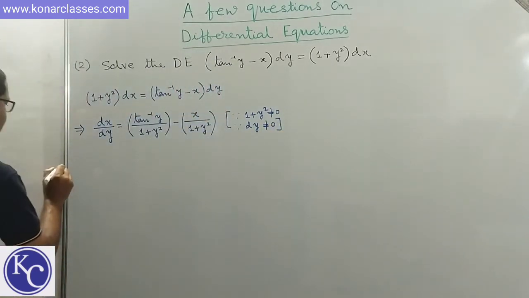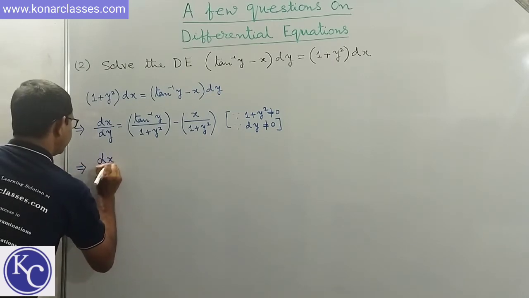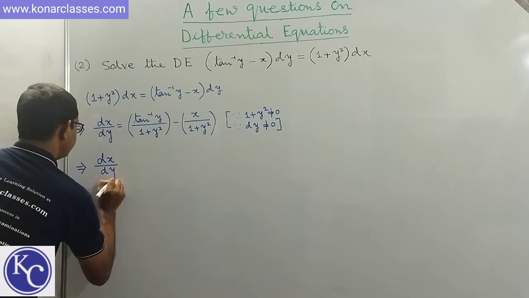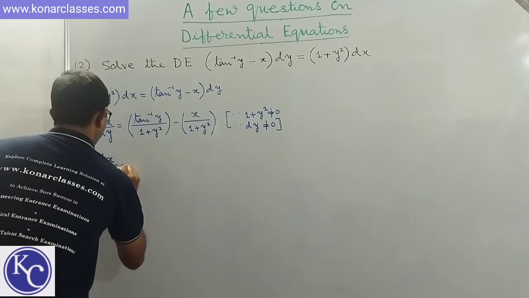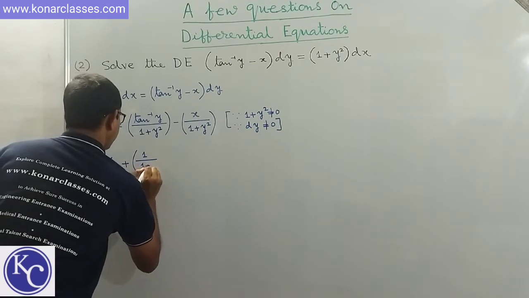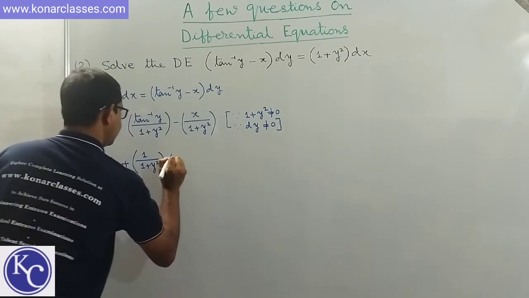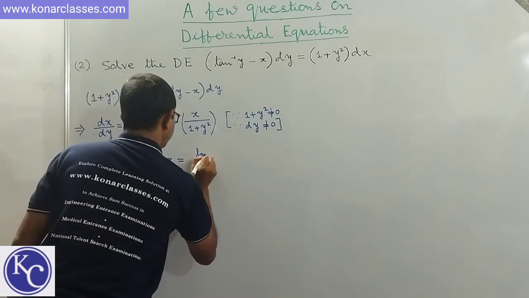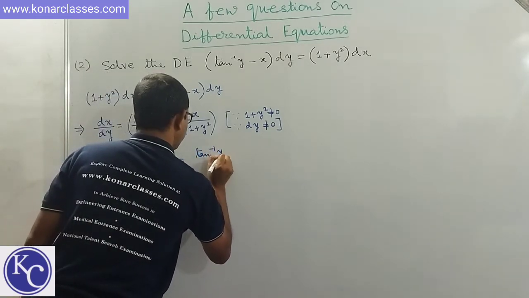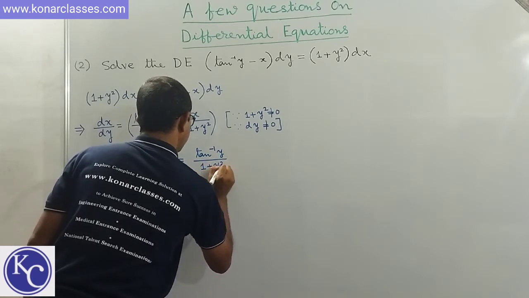Now, dear students, what we are going to get? So this implies dx by dy plus 1 by 1 plus y square into x is equal to tan inverse y divided by 1 plus y square.